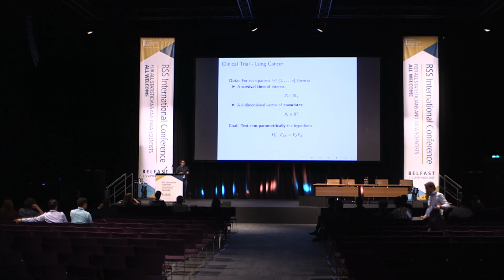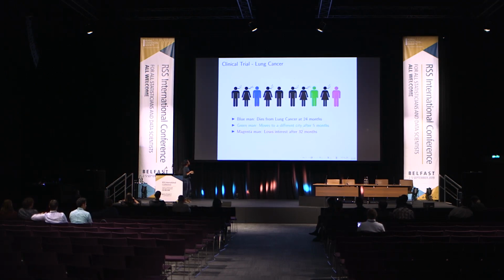Our goal is to test non-parametrically the hypothesis of independence between survival times and covariates, which can be formulated as testing whether the joint distribution of survival times and covariates factorizes.